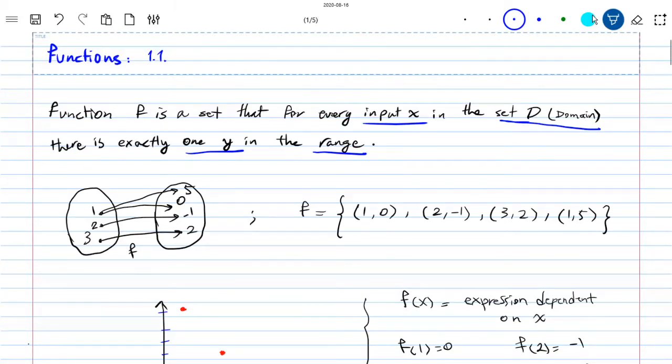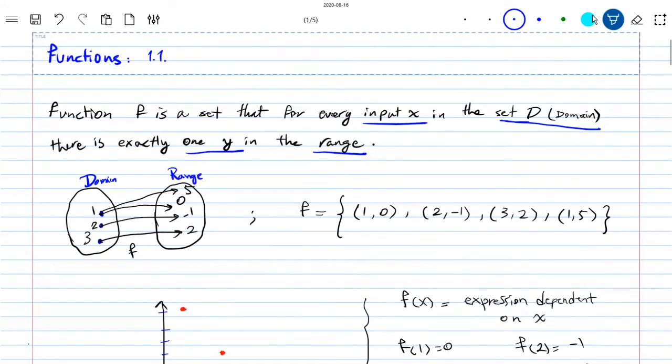Okay, so there are multiple ways to show a function. You can think about a function as a relation between a couple of points. It could be letters of the alphabet. Let's stick with this example. Let's say you have 3 points, 1, 2, and 3, from the set D as the domain, and you want to relate these points to some points in the range.